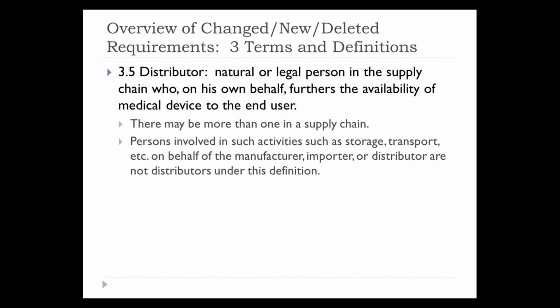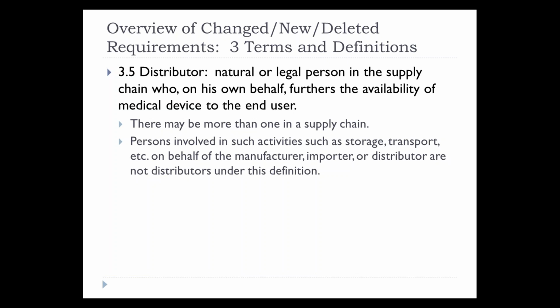Okay, we talked about an authorized representative as being one of the roles an organization can assume. The next would be a distributor. A distributor is the natural or legal person in the supply chain who, on his own behalf, furthers the availability of the medical device to the end user.